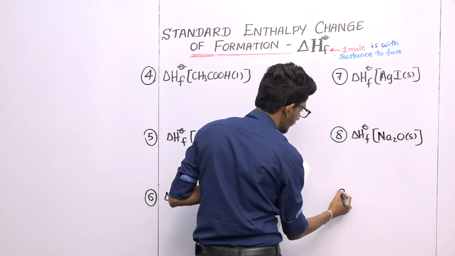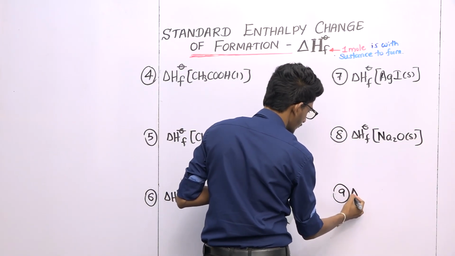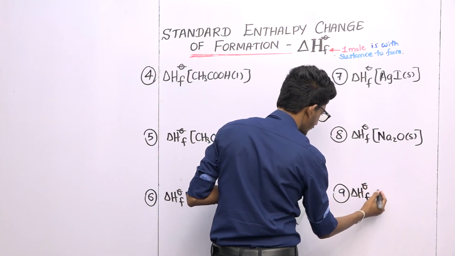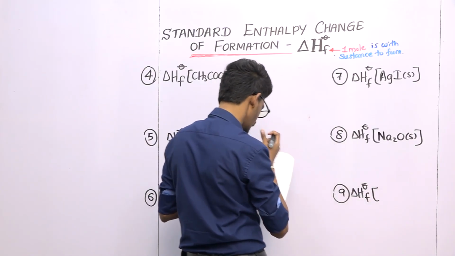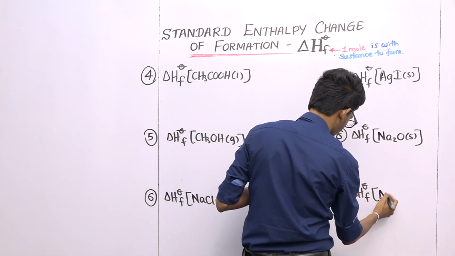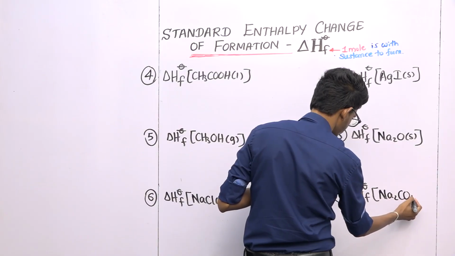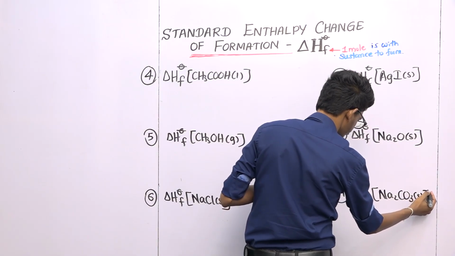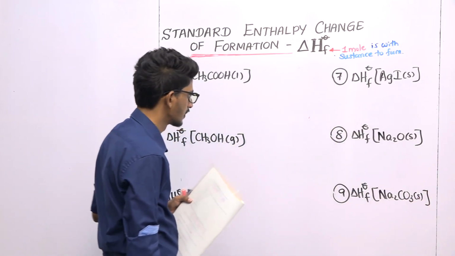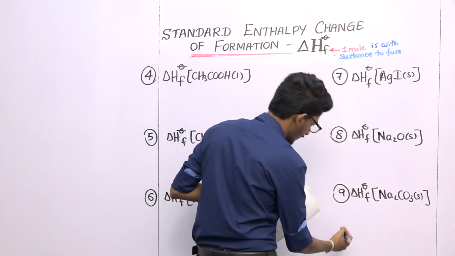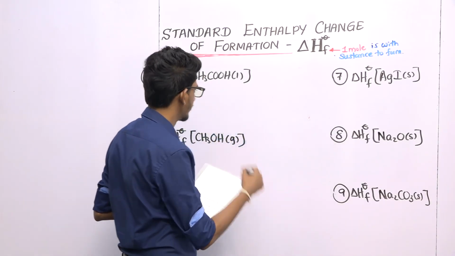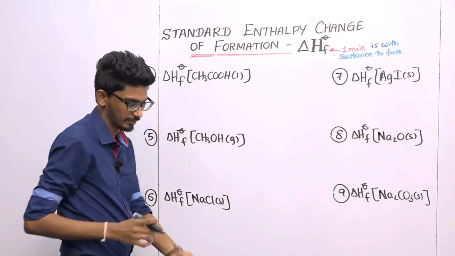Number 9, delta H naught F, sodium carbonate. Right. So number 10, we'll write the number 10 after completing this stuff, right?